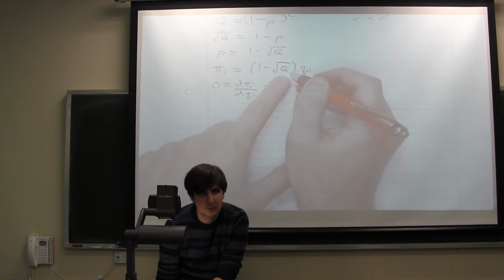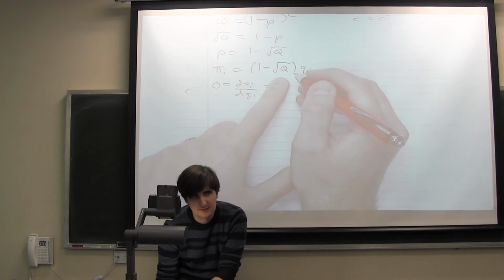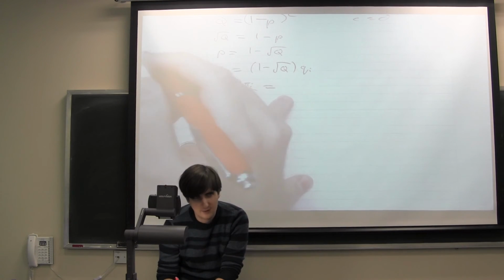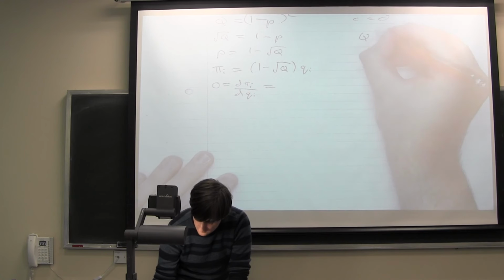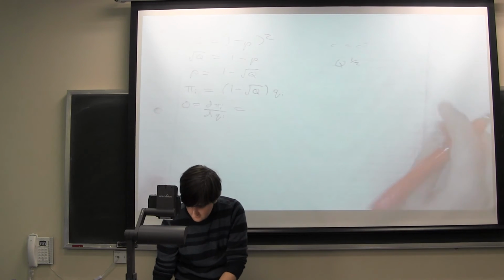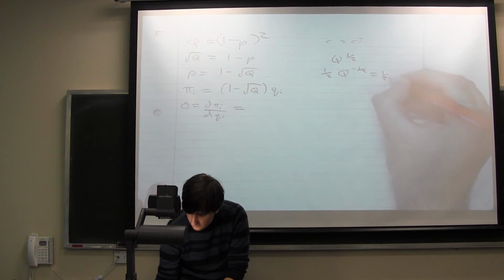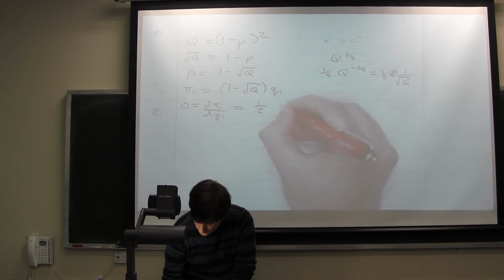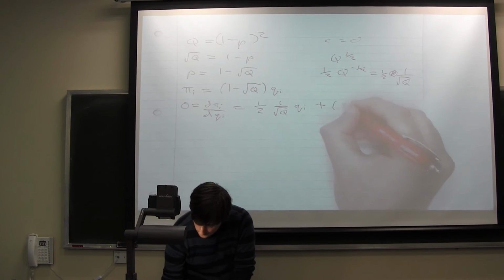So the derivative of square root of Q. I think you were right to start with. So square root of Q is Q to the half, right? So it's half Q to the minus a half, or half 1 over root Q.